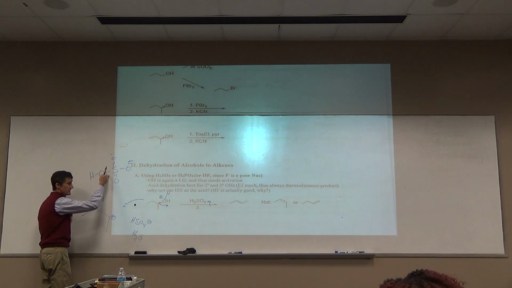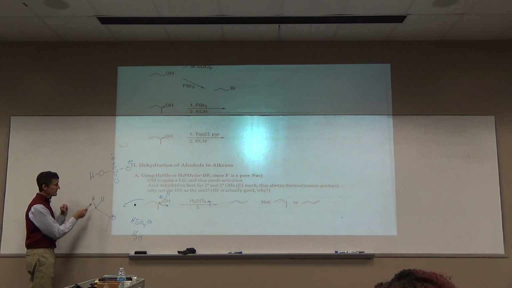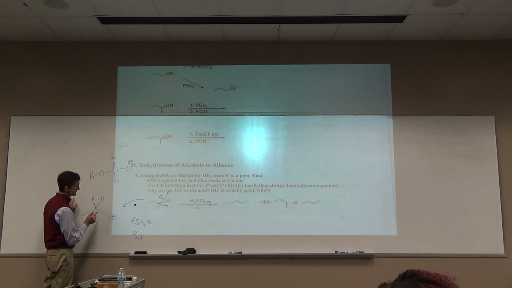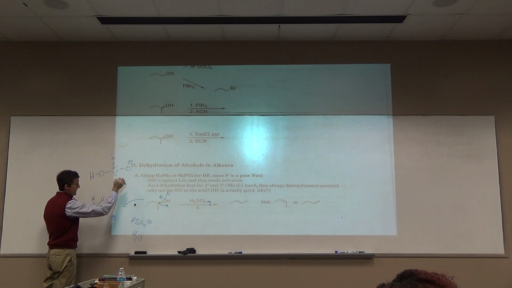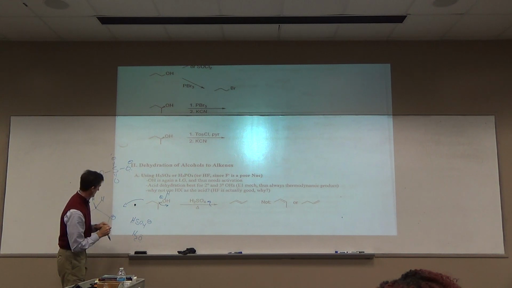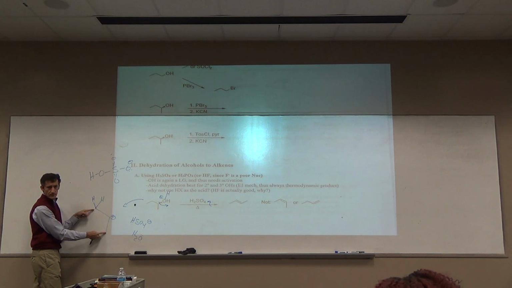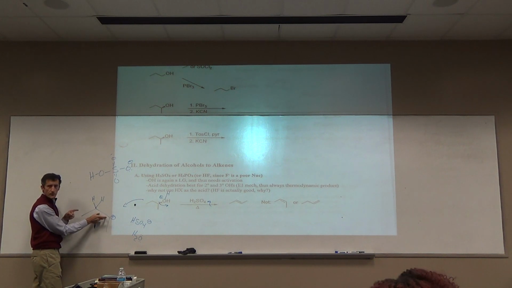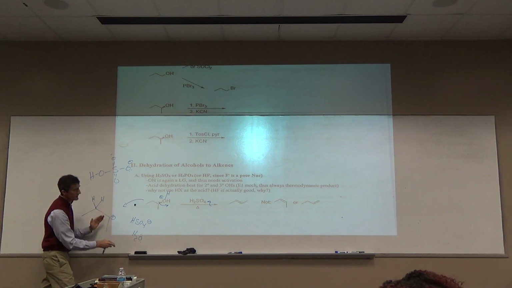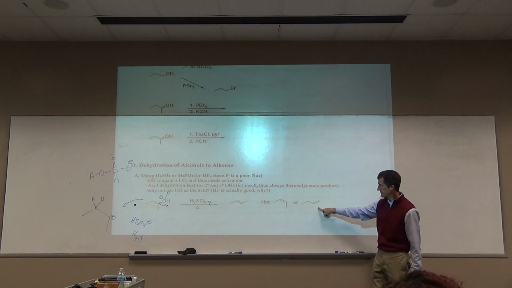But I told you, it's actually strictly more correct to use water. But something's going to take the H. Okay? By the way, before we take the H here, what's the product going to be? Are we going to take H here or here? That's probably that. We take it here, we're making a more substituted alkene, the Zaitsev product. We take it here, and get this alkene. That would be Hofmann.